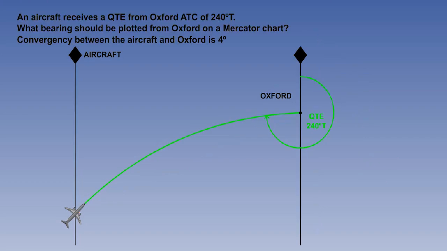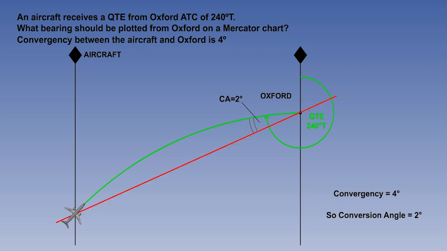Let's have a look at a practical example. An aircraft receives a QTE from Oxford Air Traffic Control of 240 degrees true. What bearing could be plotted from Oxford on a Mercator chart? Convergency between the aircraft and Oxford is 4 degrees. As you will recall, conversion angle is the difference between the great circle and rhumb line initial track and is half convergency, so conversion angle is 2 degrees.